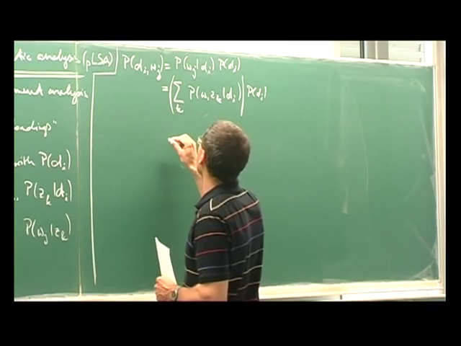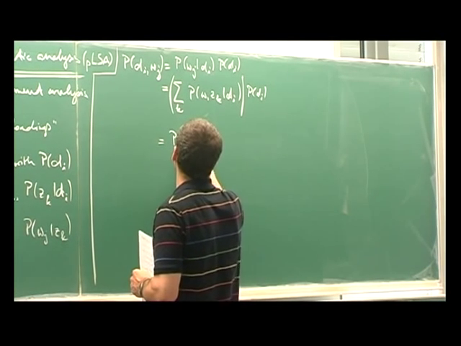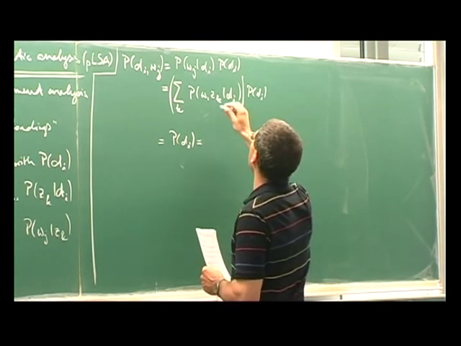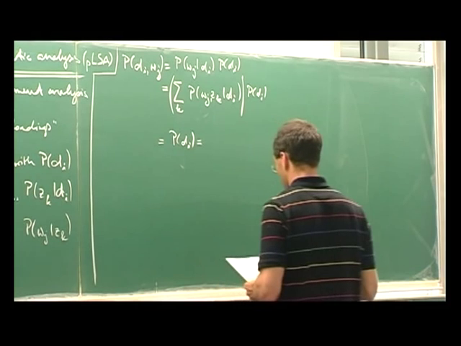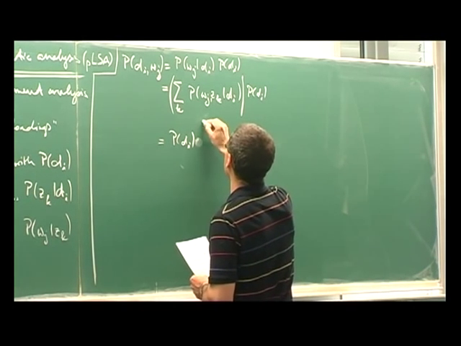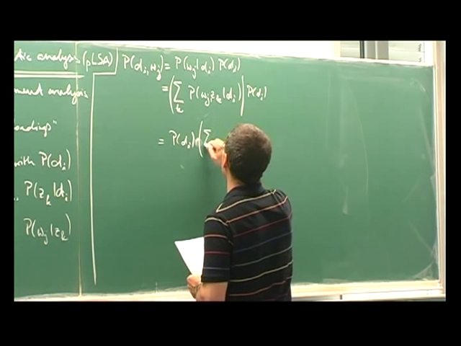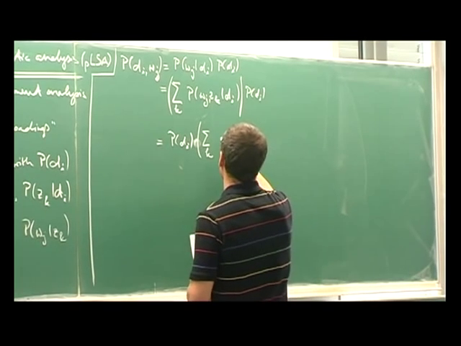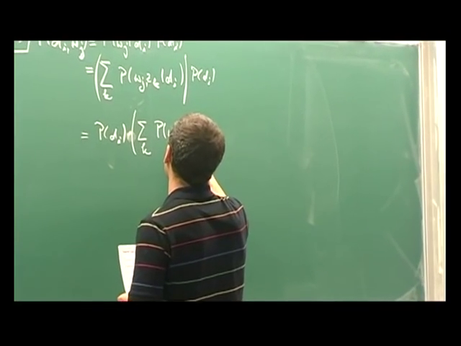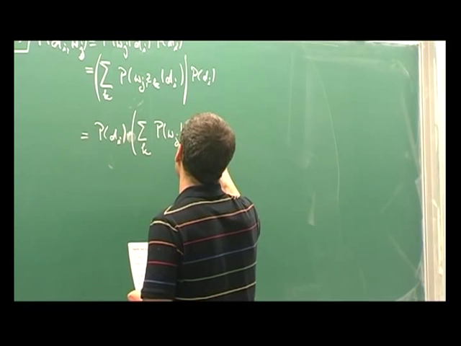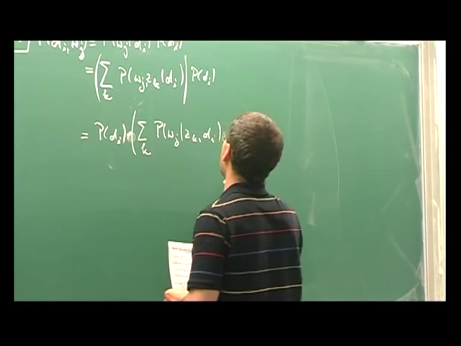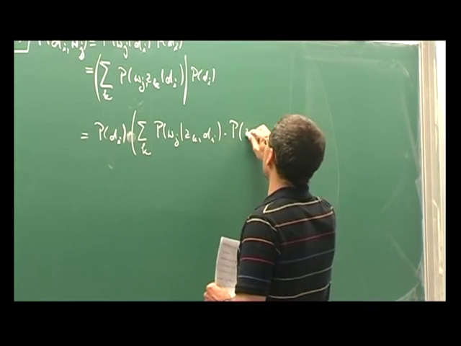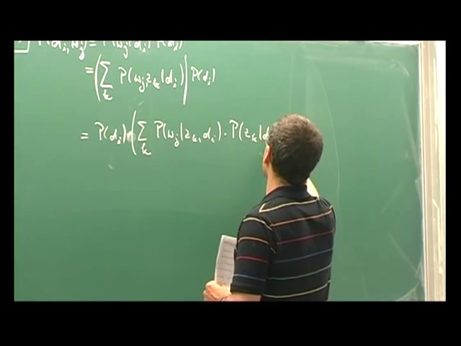Okay, and that in turn can be rewritten as follows. So we're using Bayes' theorem here again and are writing the probability of Wj given Zk and di times the probability of Zk given di.